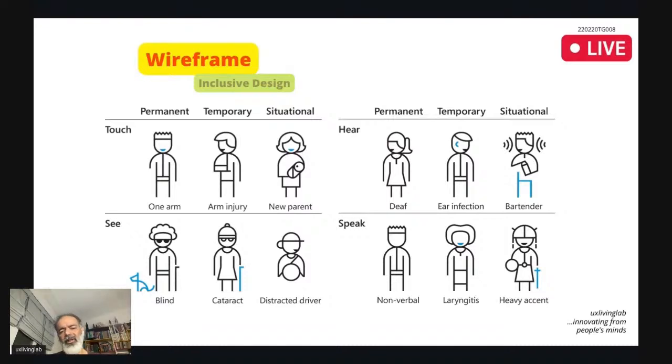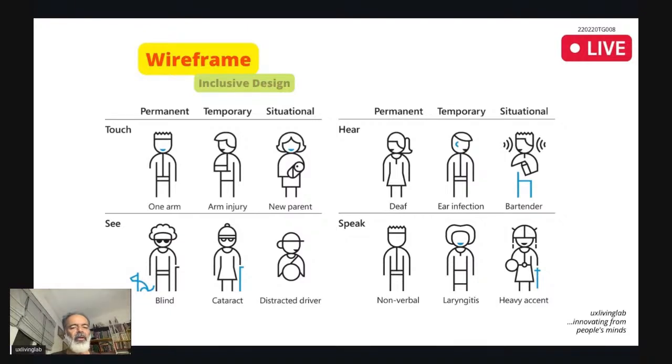What is temporary disability? It's mainly a medical condition, because of some temporary things that happen to them, they can't touch, see, hear, or speak. They are restricted temporarily. Then the third is situational, which is more important when you design your product.